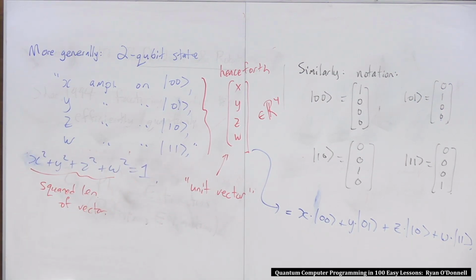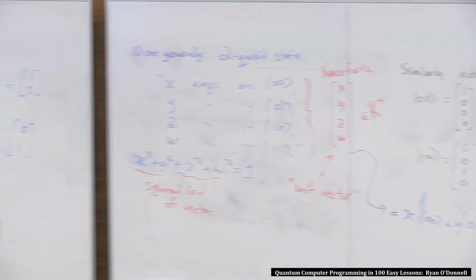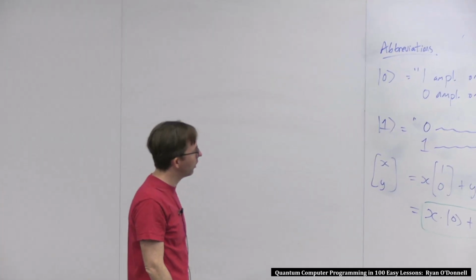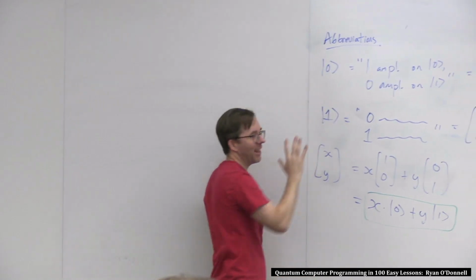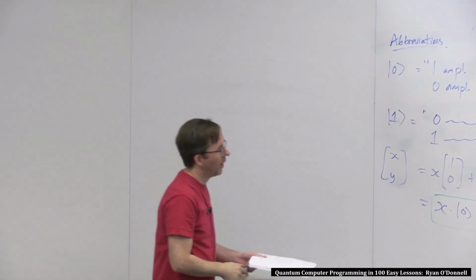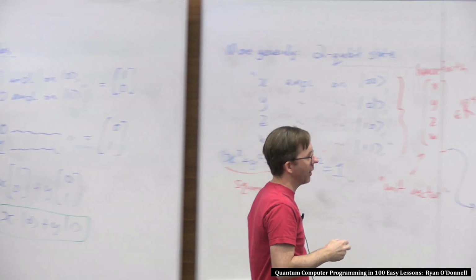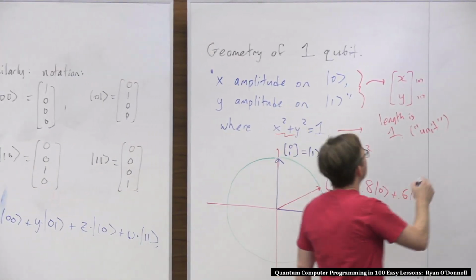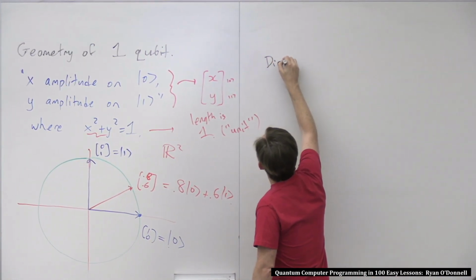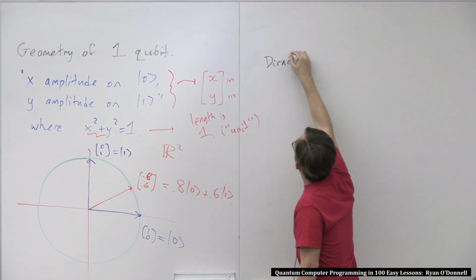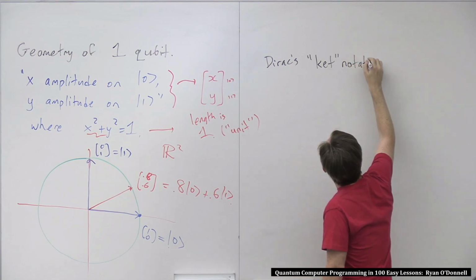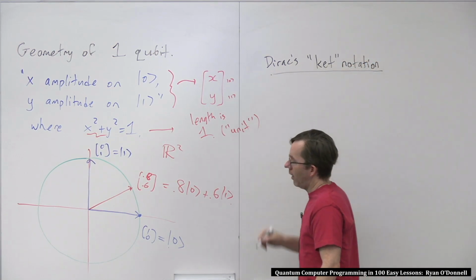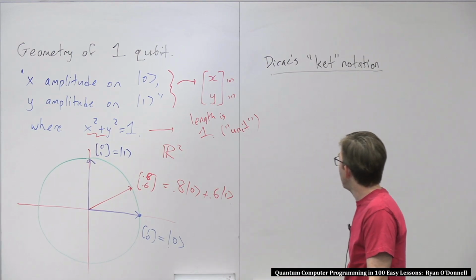Okay, let me now have a short aside on these crazy brackets, because maybe they've been bothering you for the whole course, and you're like, it's asymmetric, why do we have these bizarre brackets? All these angle brackets are part of something called Dirac ket notation. Dirac was an old physicist. So what is Dirac ket notation?